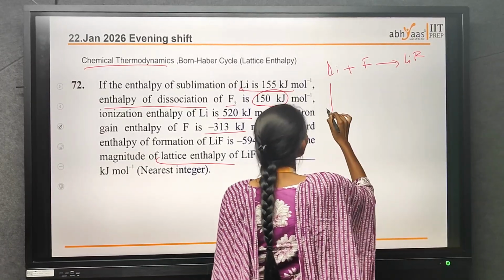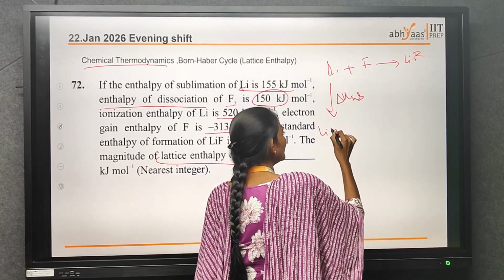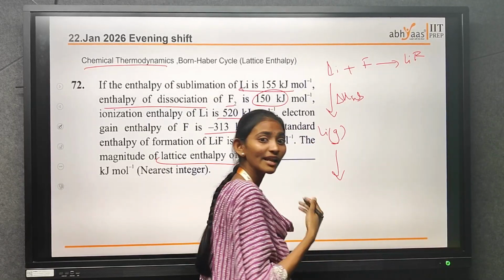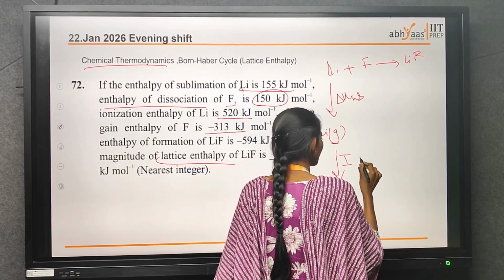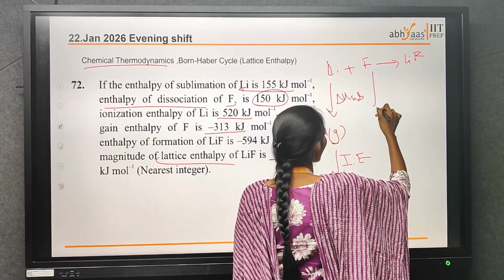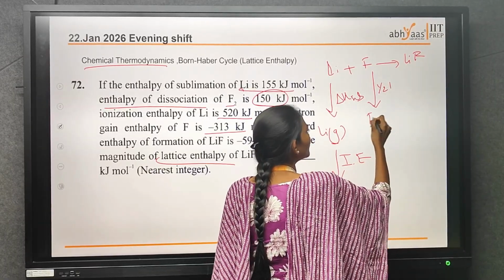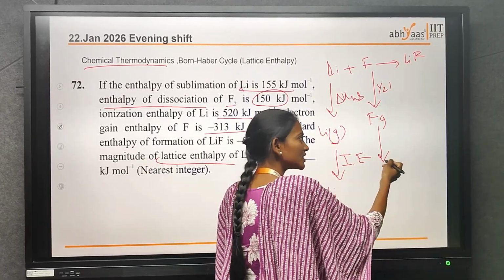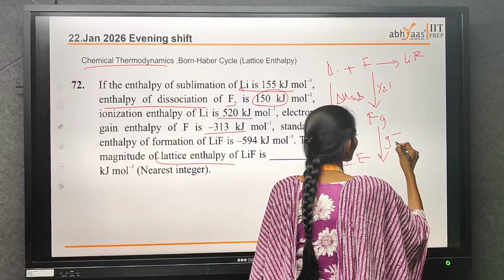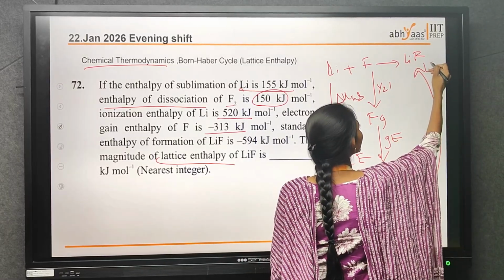When you do sublimation, what do you get? Gas, right? When you do ionization enthalpy, you get your lithium ion. For fluorine, when you do bond dissociation energy with half, you get fluorine gas. With electron gain enthalpy, you get your fluoride ion. With these two, you get your lattice energy.